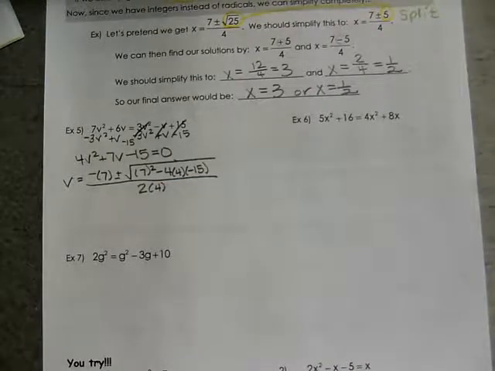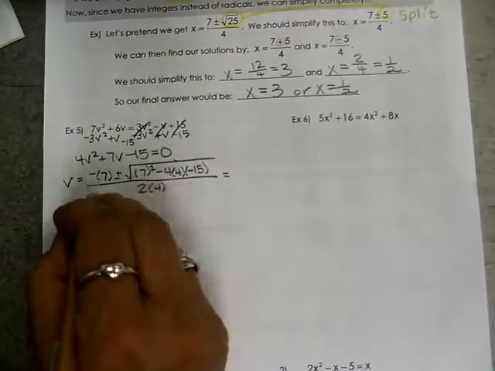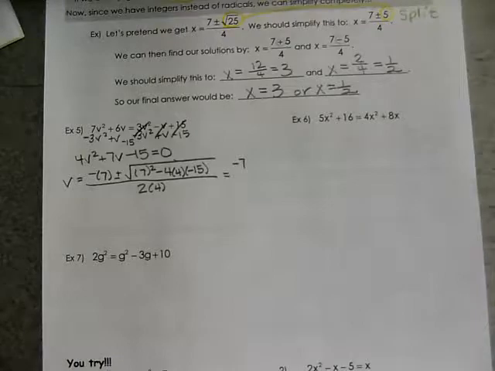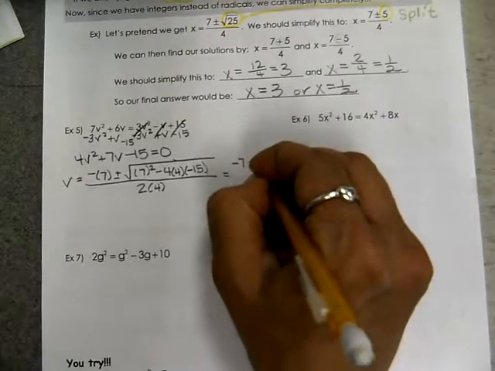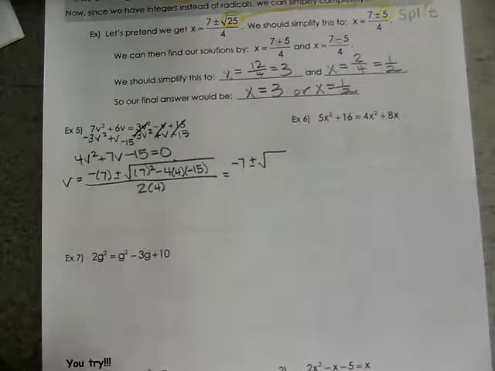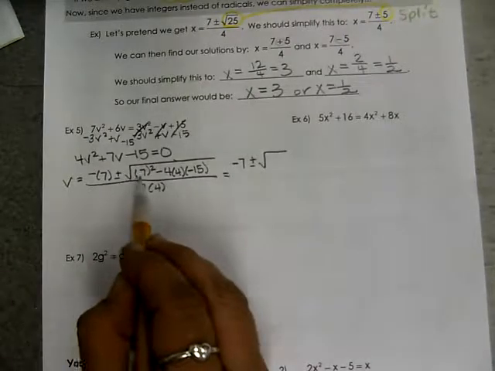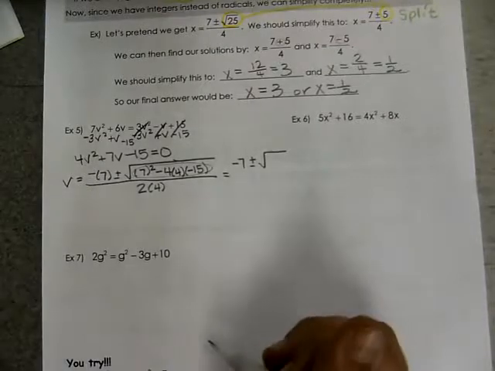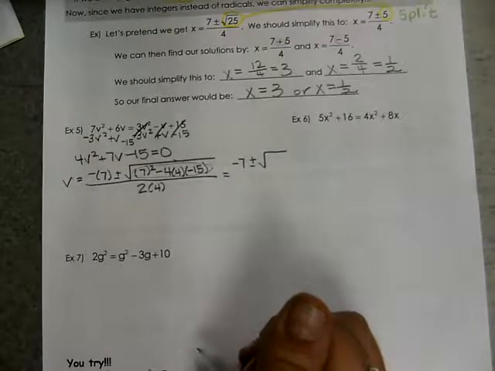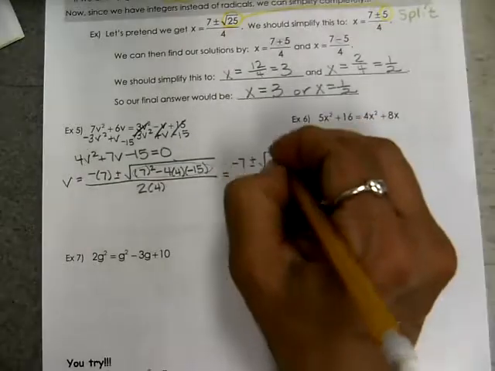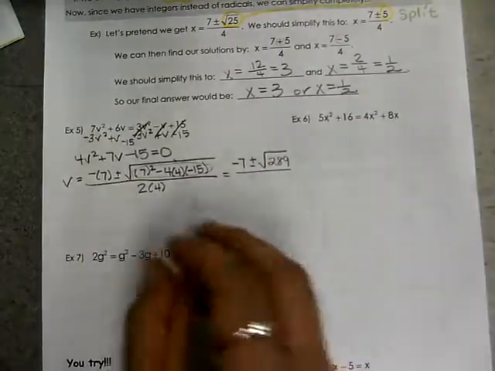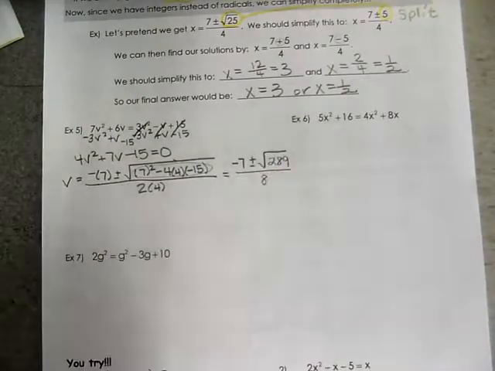Let's simplify those pieces. Negative negative 7 can just be written without the parentheses as 7. Then we have plus or minus the square root of, and if we take 7 squared minus 4 times negative 15 and put that in our calculator, we end up getting 289, and then over 2 times 4.